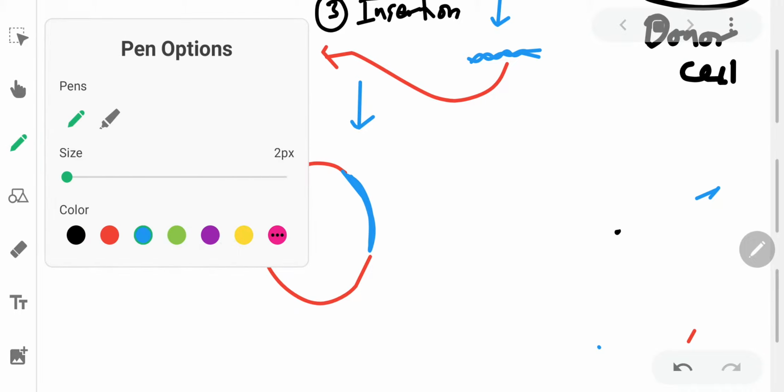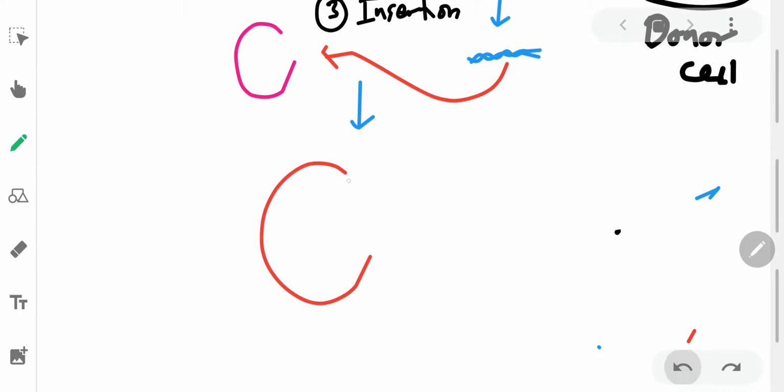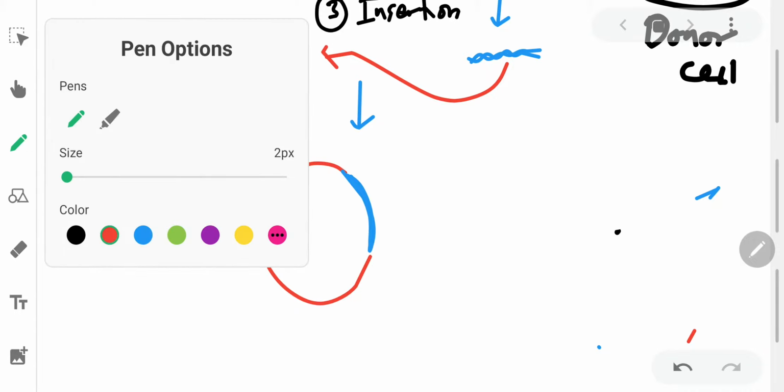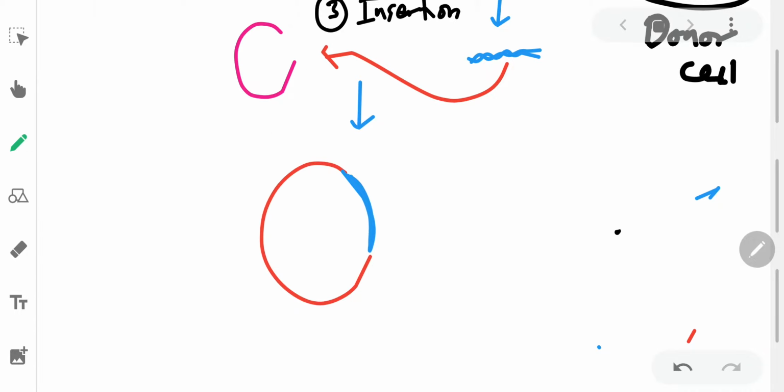So actually, because this is DNA, to join the DNA, we need an enzyme called DNA ligase. If you still remember, the function of DNA ligase is to join the DNA. Okay, DNA ligase. Dia macam gum kan?